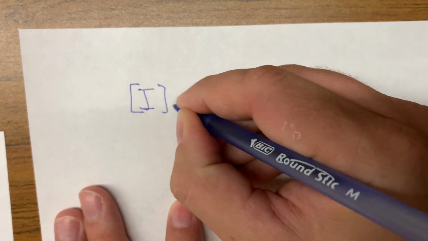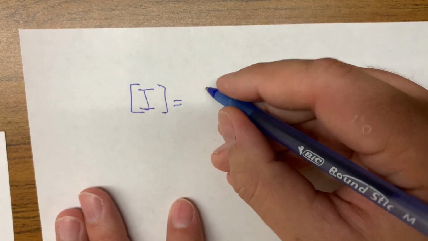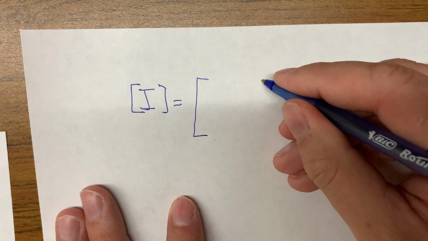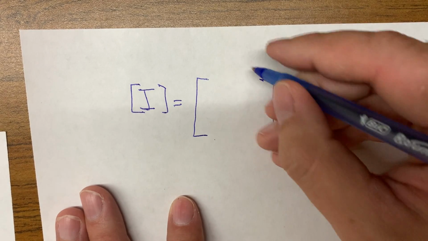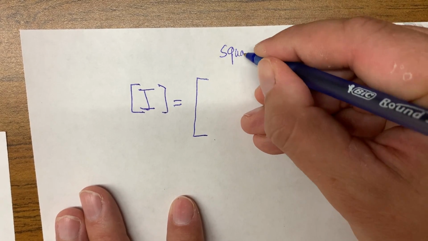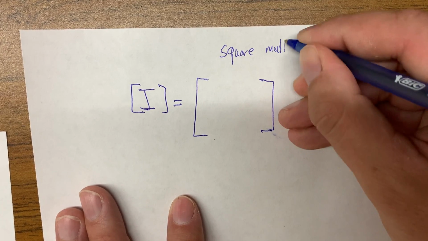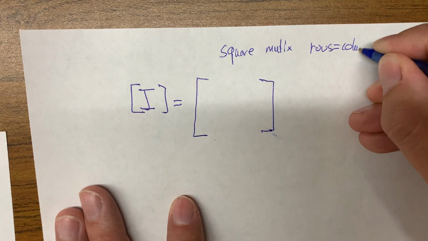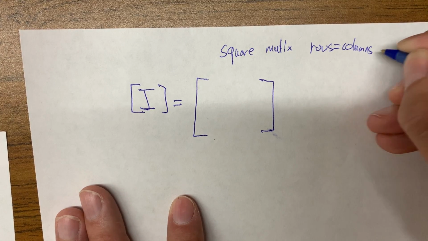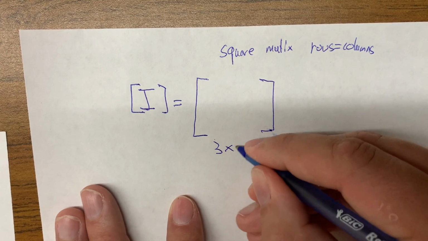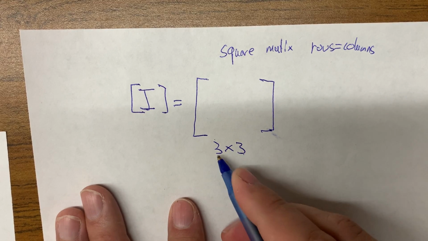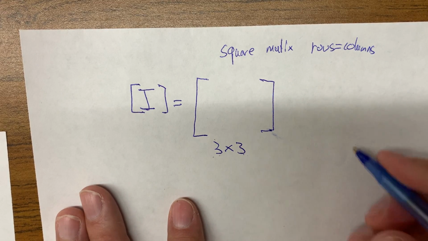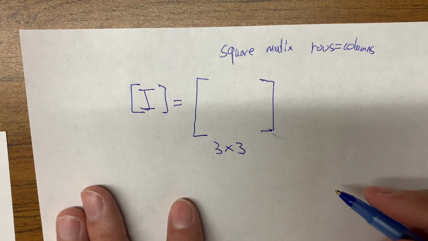The identity matrix is a square matrix. A square matrix has the number of rows equal to the number of columns. For instance, a 3 by 3 matrix is square, and a 5 by 5 matrix would also be square.